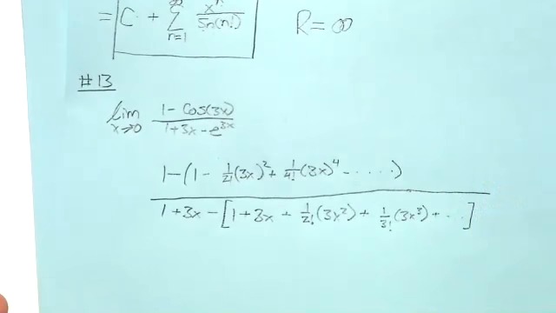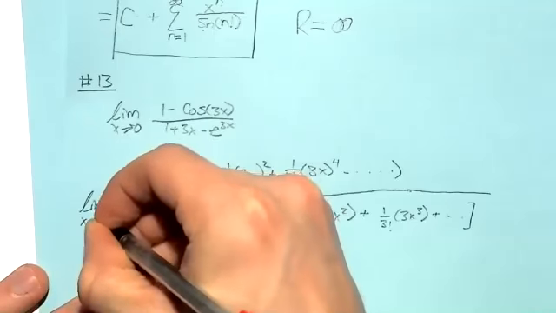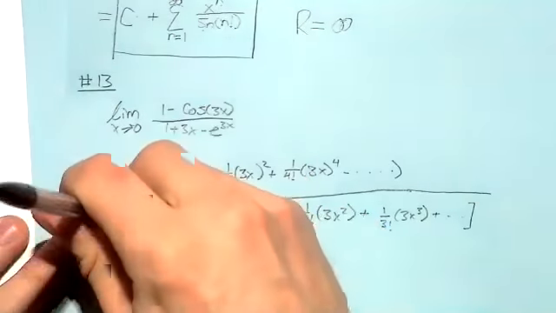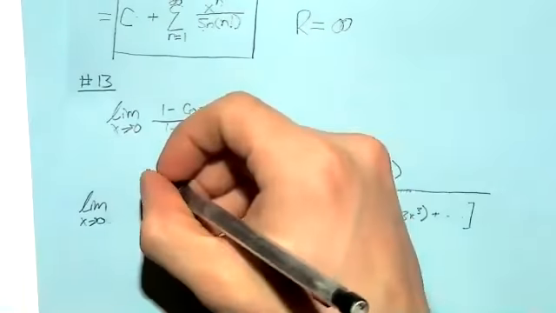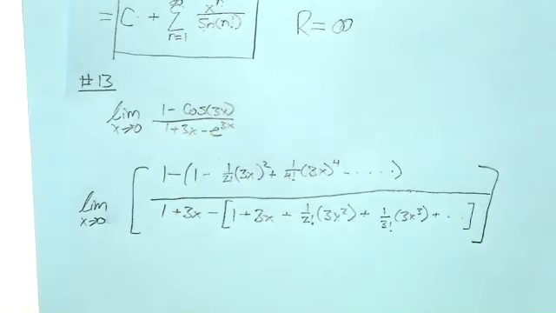And what we have from here is the limit as x approaches 0, and that's not infinity. The limit as x approaches 0 of this whole thing right there, and that's disgusting. All right, so right away, these series are going to be what controls this.